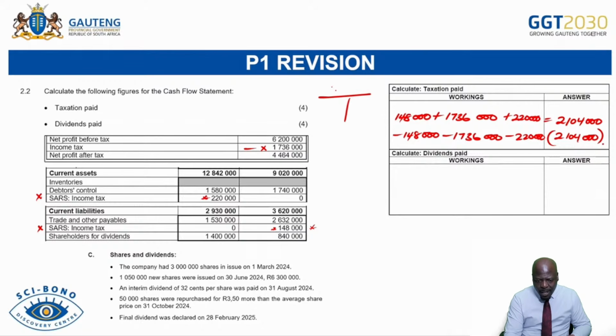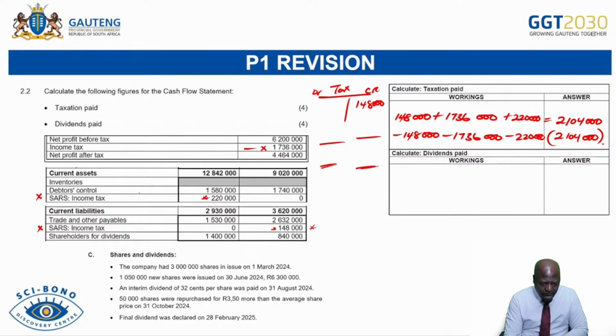Others would have opened a tax account where you would have had your balance as a liability. So your balance is going to be here, under the credit side. The credit side, there's the debit side. So you're going to have your 148 over there, and then you're going to close with double lines.